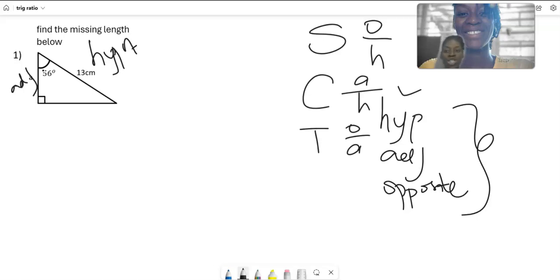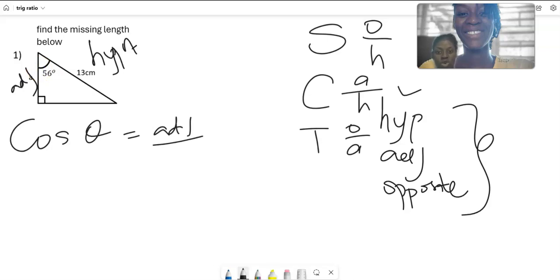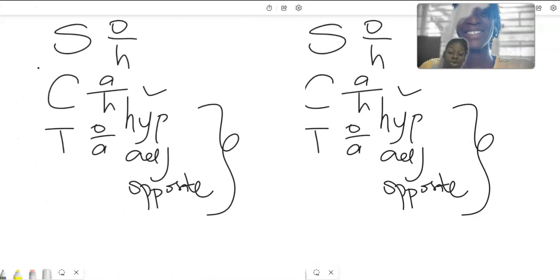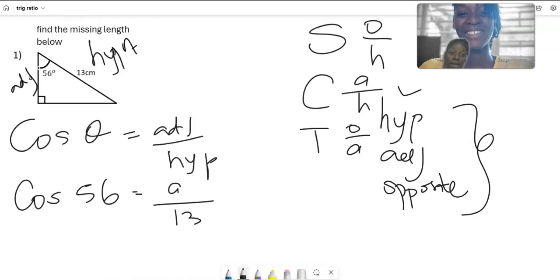So the first thing you do is to write the formula. Cos theta equals adjacent over hypotenuse. And then you substitute the values correctly. Remember, theta represents the angle. So we're going to have cos 56 equals A, the adjacent, over 13, the hypotenuse. And then you can cross multiply, or you can do what we did before.